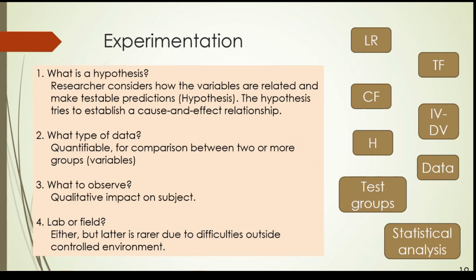If you do it in the field, you have to make some assumptions, because the challenge of doing a field study is that there may be a lot of factors that we cannot control. But if we do it inside the lab, then we can have a controlled environment. We can minimize the factors and study only the factors that we are interested in.